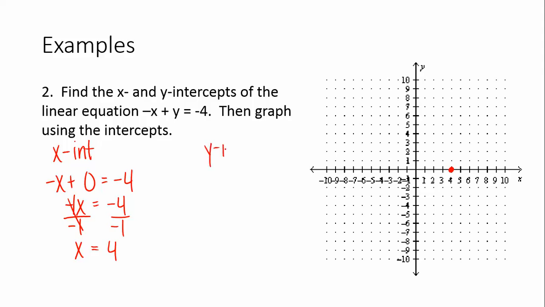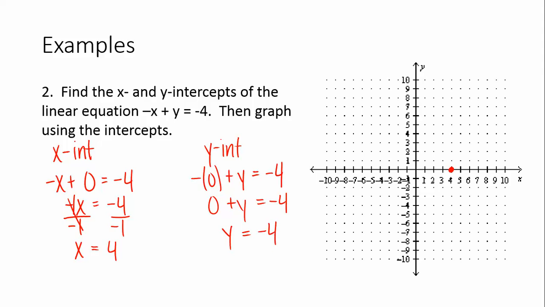And I went ahead and plotted that over on the graph. For the y-intercept, remember we want to make x 0. So we're plugging in a 0 for x. This essentially is negative 1 times 0. Remember, when there's a negative out in front, it's really a negative 1. So we just get 0 plus y equals negative 4, or just y equals negative 4.